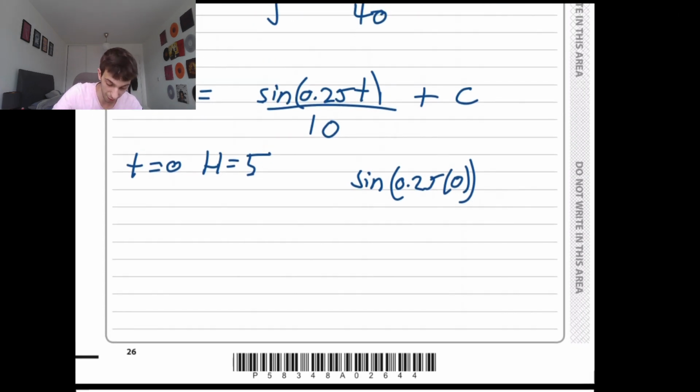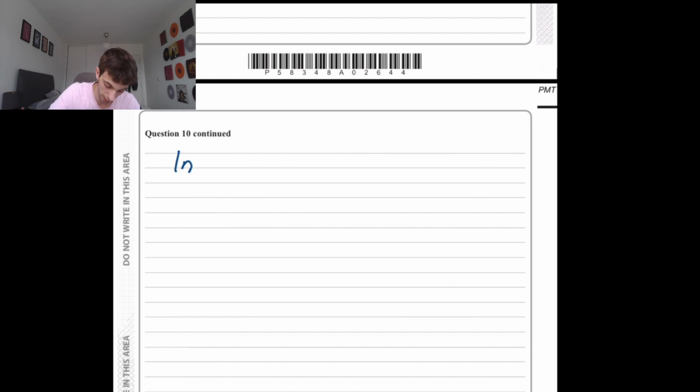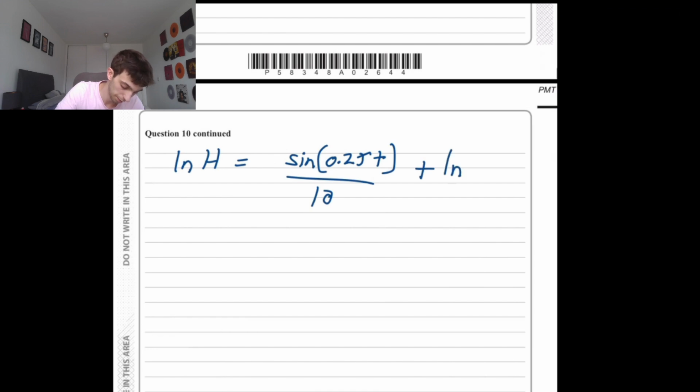So all of this will be equal to 0. We have the natural log of 5 equal to c. So we know that the constant of integration is ln 5. Let's write it all out once again. We have that ln h equals sin(0.25t)/10 plus ln 5.